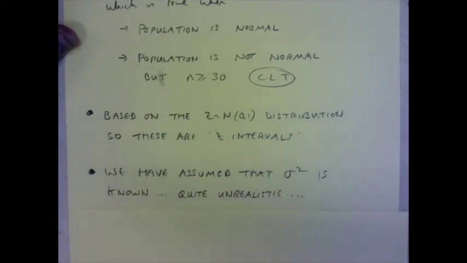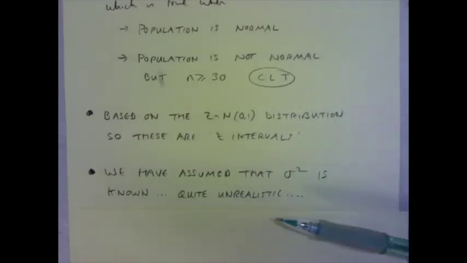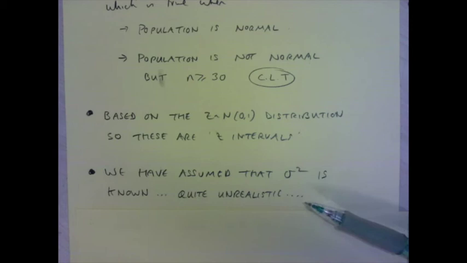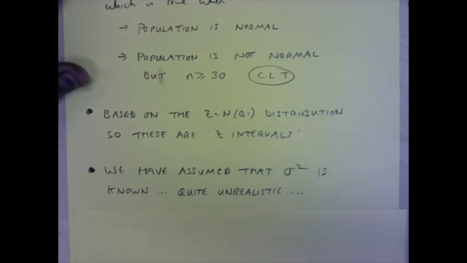The other thing to be aware of is that in the questions that we've looked at, we've assumed that sigma squared is actually known, which if you think about it, is probably quite unrealistic, because if we knew the population variance, we'd probably know the population mean, in which case, why are we bothering to estimate it at all? So this is a question that we need to address in subsequent lessons, but for the moment, just make a note that the questions you look at will give you the population variance.